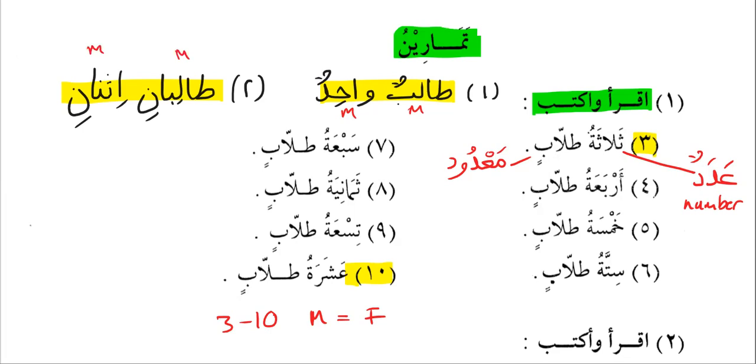For example, Allah says in the Quran, whenever Allah mentions Him creating the 7 heavens, He says سبعة سماوات.